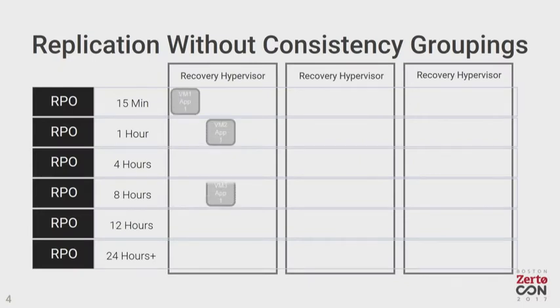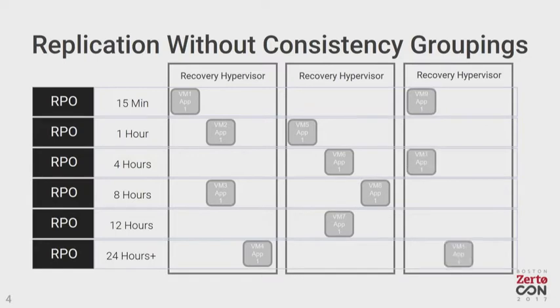And what that looks like, typically, is those virtual machines may live on different hypervisor hosts, and they're going to have different data protection settings, often different data protection solutions, even for that first application.